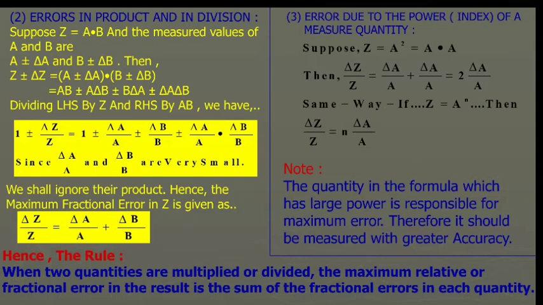Hence, the rule: when two quantities are multiplied or divided, the maximum relative or fractional error in the result is the sum of the fractional errors in each quantity.